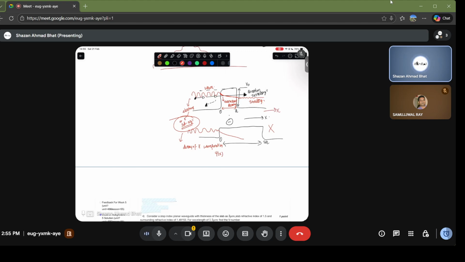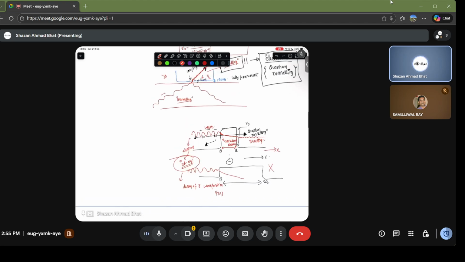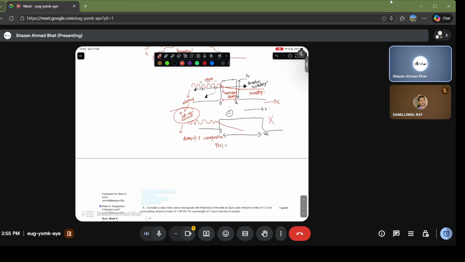The wave function is also a mathematical function, similar to what you get here. For the electromagnetic wave it is e to the power minus i(kx minus omega t). Similarly, you represent this wave function in this region as e to the power minus i(kx minus omega t), like a plane wave which is moving, and here you have a solution of something like e to the power minus alpha x.